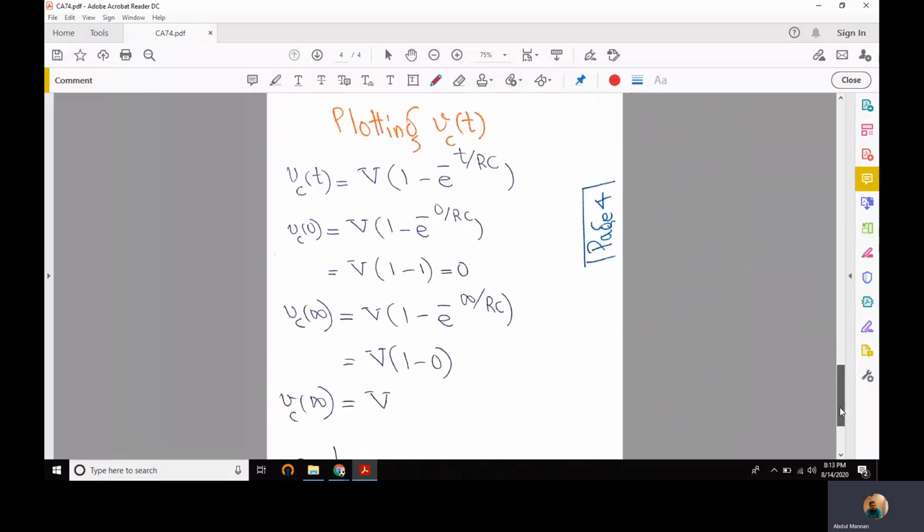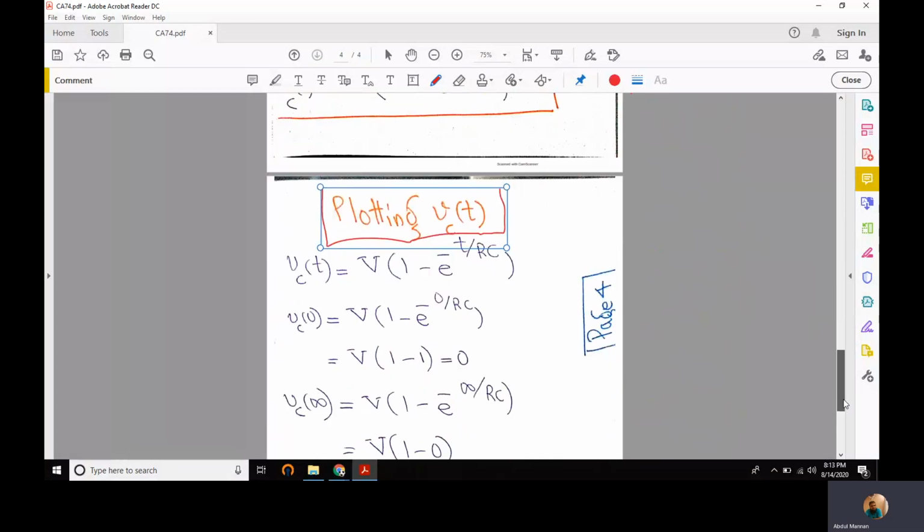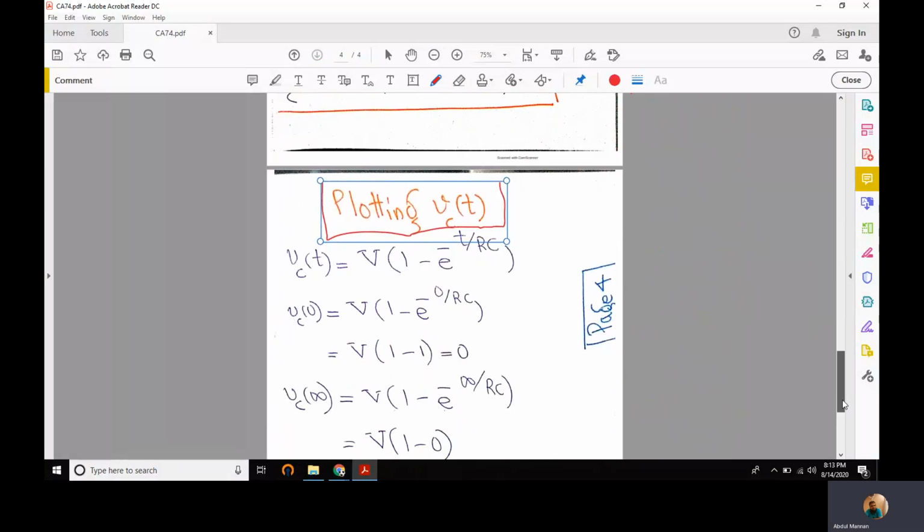So let's check this expression before we plot Vc of t. Let's calculate Vc of 0 for time t is equal to 0. This is v times 1 minus e to the minus 0 over rc. We know e to the minus 0 is a 1, so it comes out to be 0 volts.